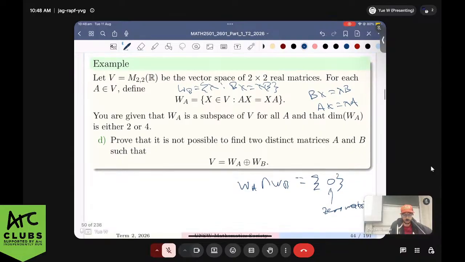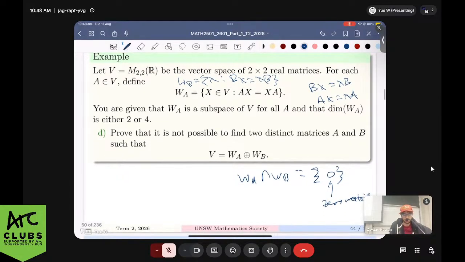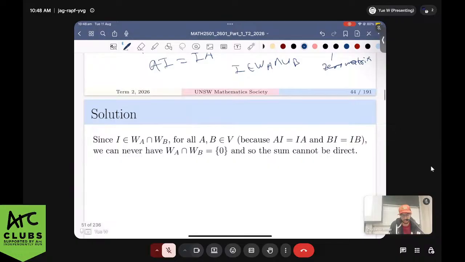Well, the other famous matrix is the identity. If you take X to be the identity, then clearly BI equals IB and AI equals IA. So I, the 2 by 2 identity matrix, is an example of a non-zero matrix in the intersection, which proves the intersection is not just the zero matrix. So you can't actually have this because the intersection is not trivial.